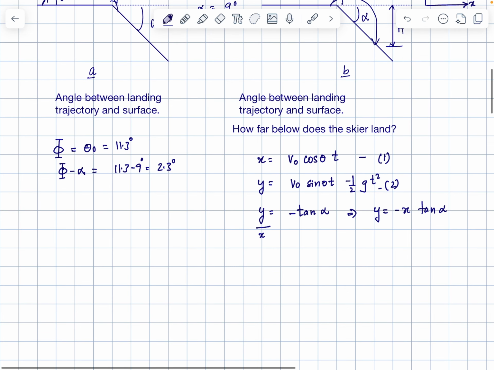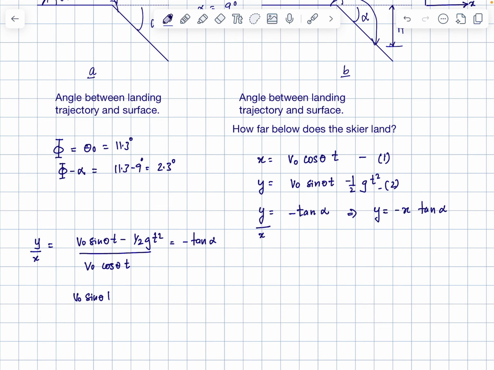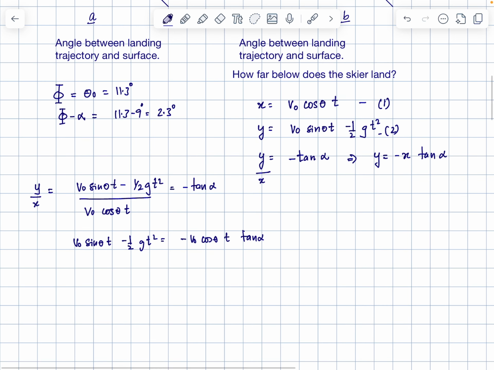So here we get y divided by x equals v0 sine theta t minus half g t squared, divided by v0 cosine theta t, and that is equal to minus tan alpha. Okay, so essentially that's what happens. So let's cross multiply. We get v0 sine theta t minus half g t squared equals minus v0 cosine theta t times tan alpha. Okay, so let's collect the terms.